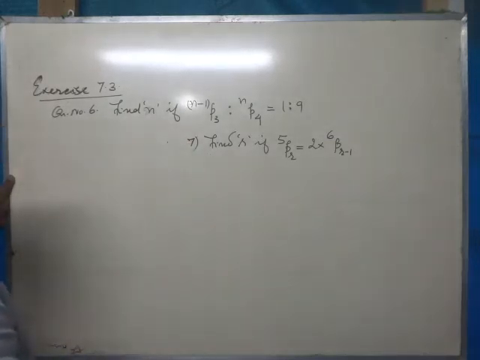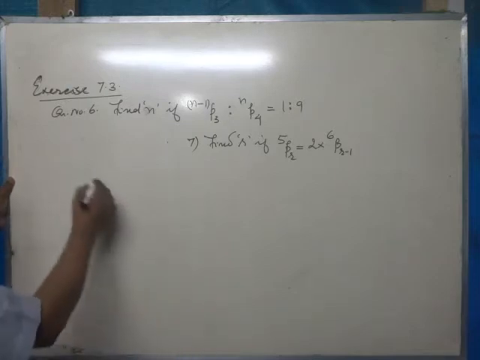Find r if 5Pr is equal to 2 into 6P(r−1).